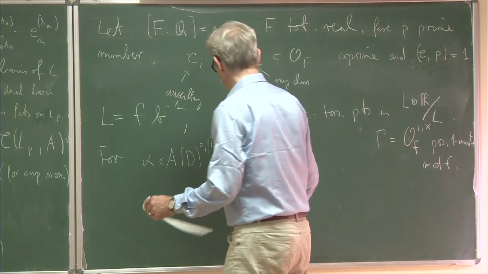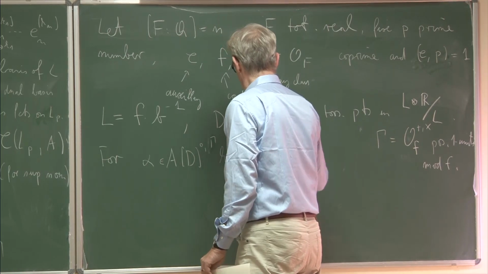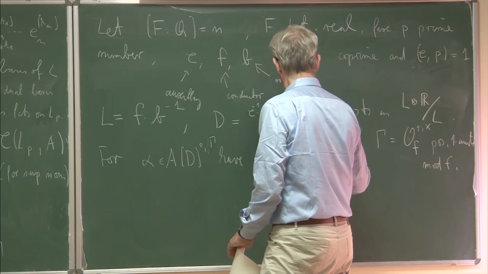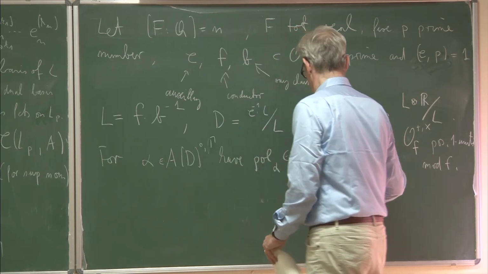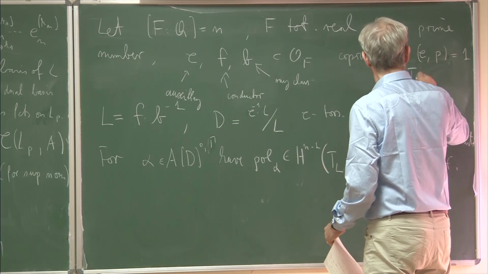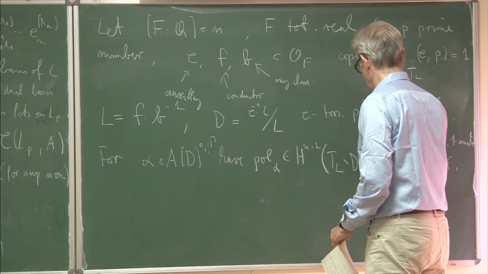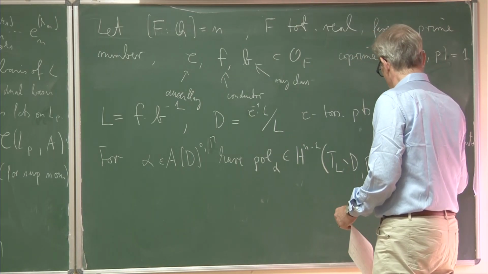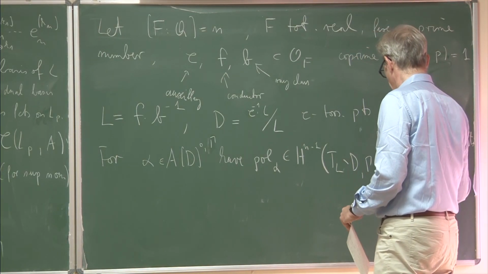For such an alpha, we had this class in the torus T_L minus D, gamma-equivariant, with values in this logarithm sheaf.